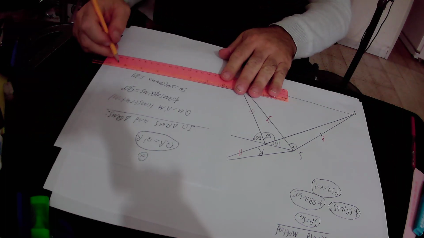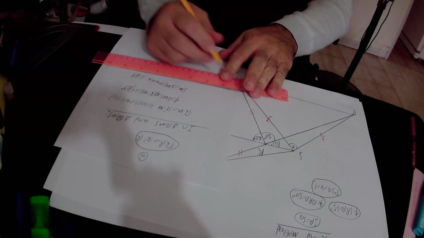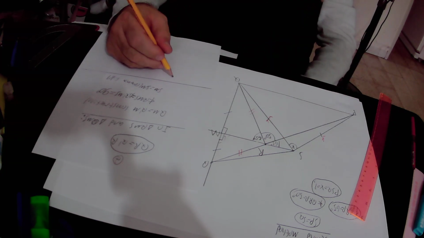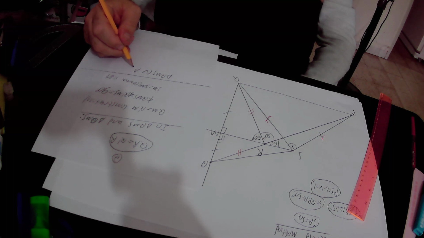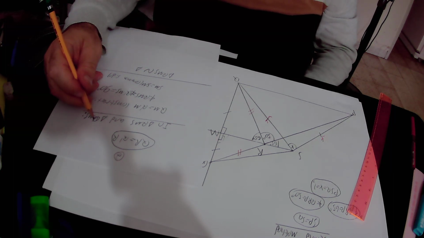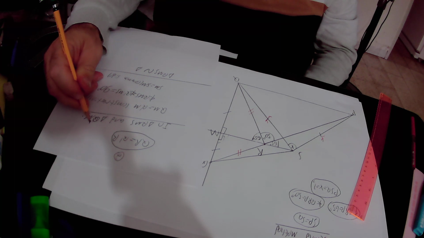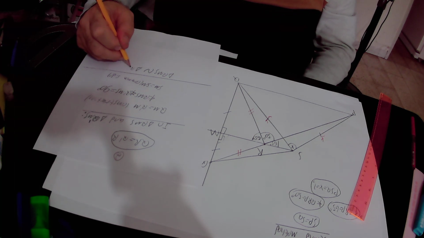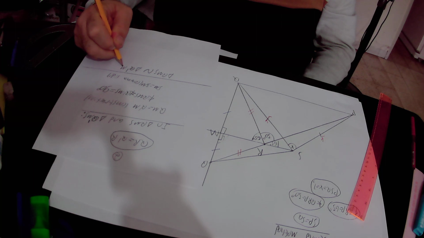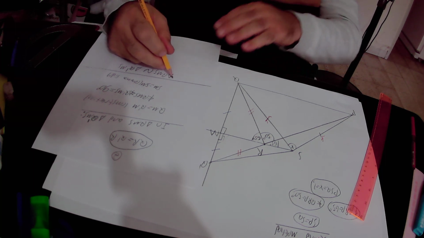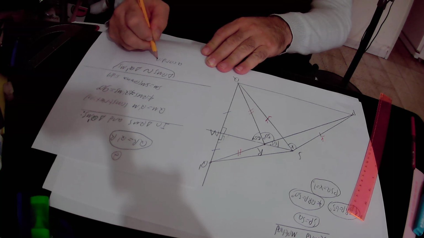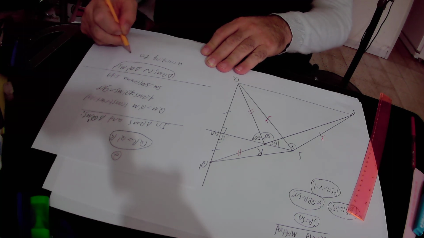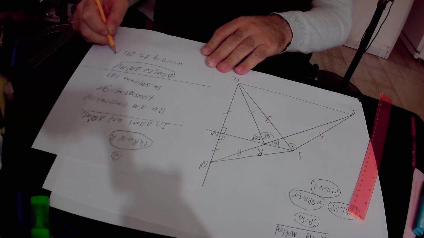So again, we actually proved that the right big triangle QMS can go into triangle Q dash MS according to the side angle side rule.